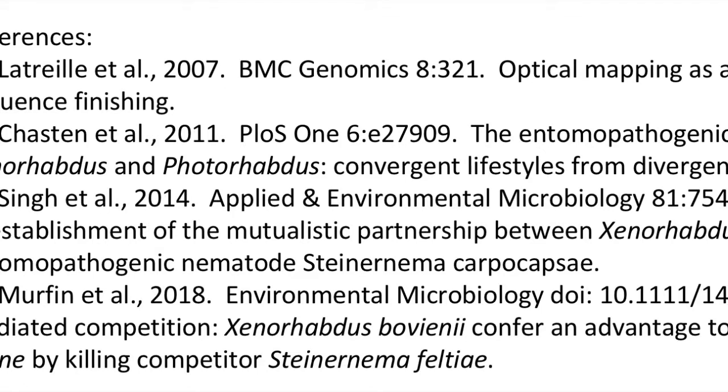Murfin et al. figured out that X. bovienii helps its host nematode outcompete related non-host nematodes. Bacteria helping a roundworm kill a caterpillar so that each can benefit, even if there are competing bacteria and nematodes around. Who would have guessed that?